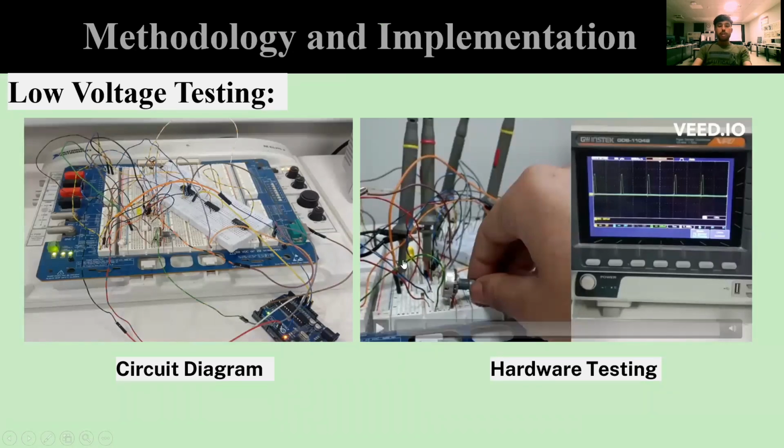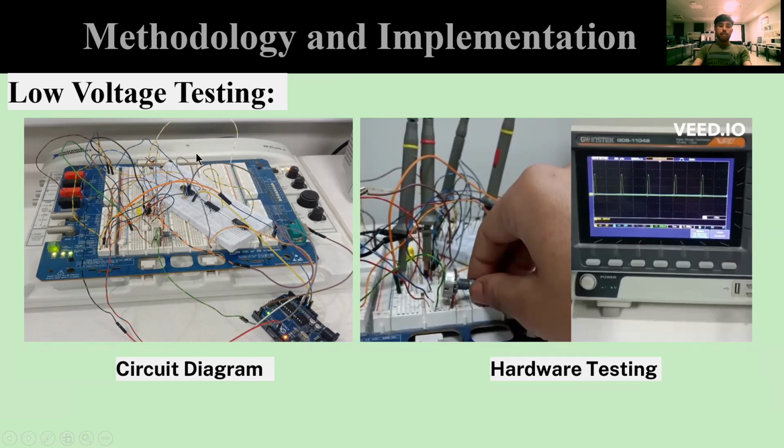After going through the simulation phase, we moved towards low voltage testing on the breadboard, using the NI Elvis kit at the university lab. After the successful simulation results, we went through the low voltage testing at 10 volts.